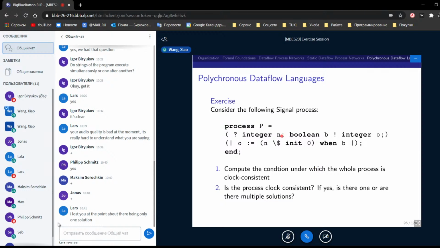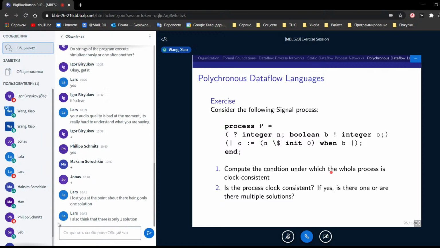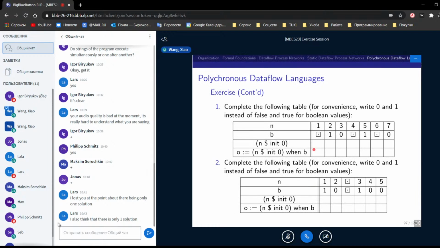It means that given a stream N and B, if what you said was true, then you can have multiple O's. But then you cannot finish 3 and 4, because for 3 and 4 you're given an N and a B. If there are multiple solutions for O, how did you compute that? I was confused.